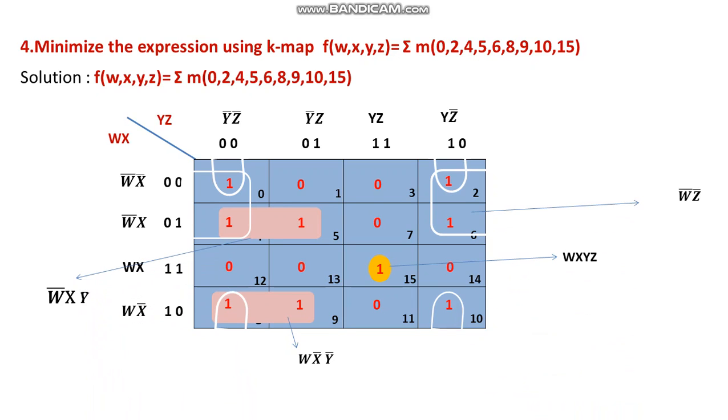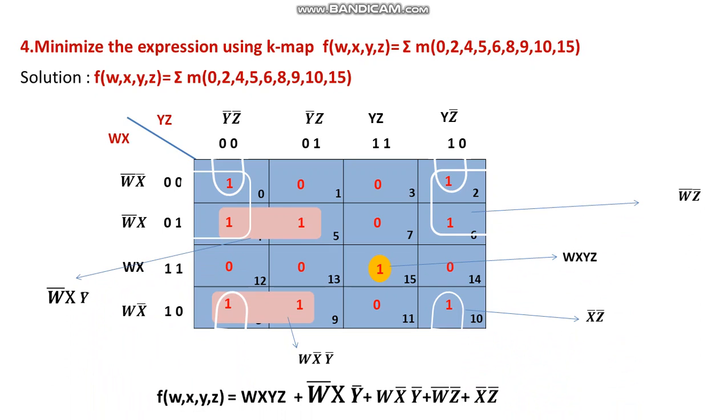Then for the quad 0, 4, 2, 6, it is w bar z bar. Then for 0, 2, 8, 10, it is x bar z bar. So write all the product terms. So that is your simplified expression.